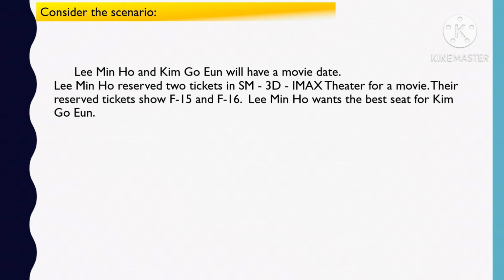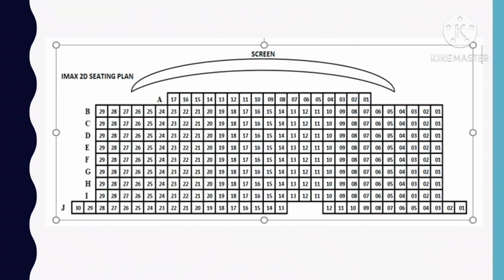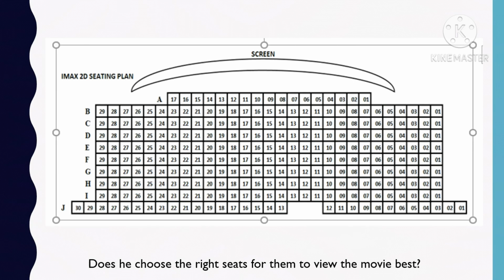Let's consider the scenario. Lim Ho and Kim Go-yoon will have a movie day. Lim Ho reserved 2 tickets in SM 3D IMAX Theater for a movie. Their reserved ticket shows F15 and F16. Lim Ho wants the best seat for Kim Go-yoon. Does he choose the right seat for them to view the movie best?